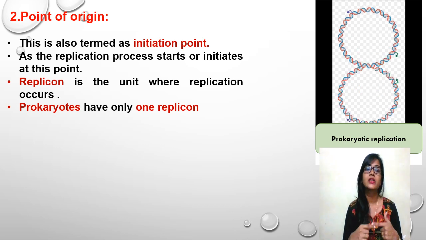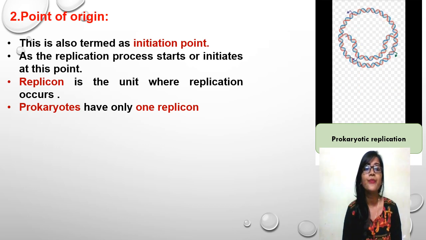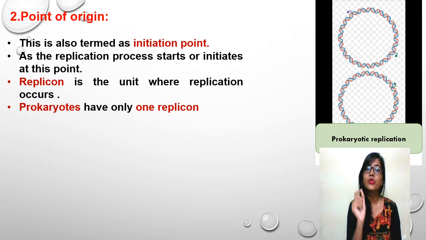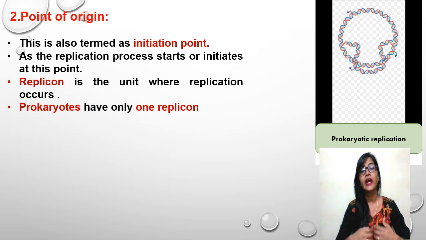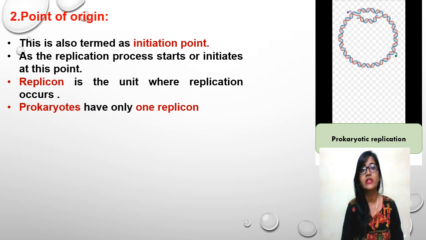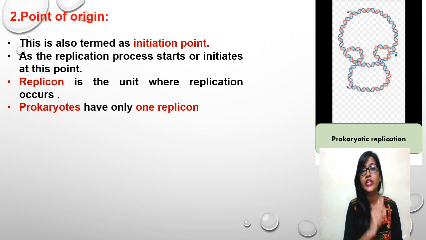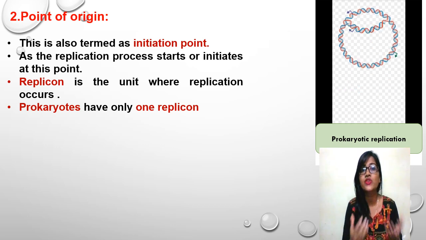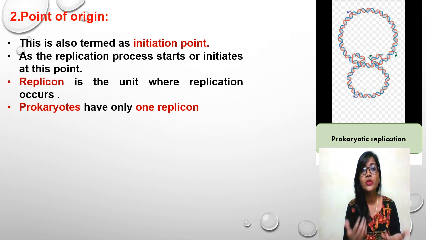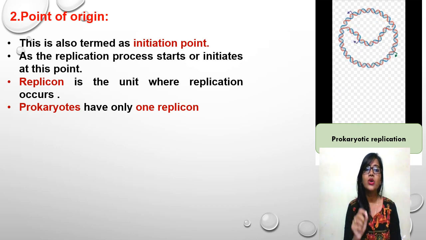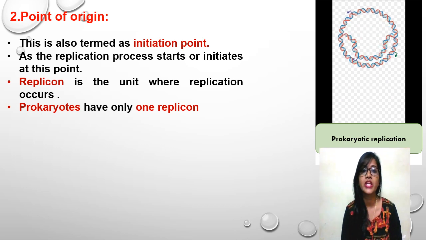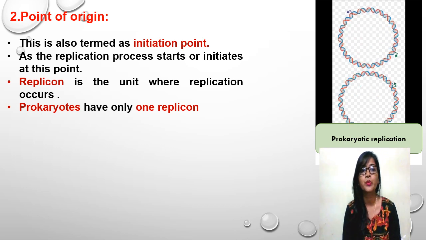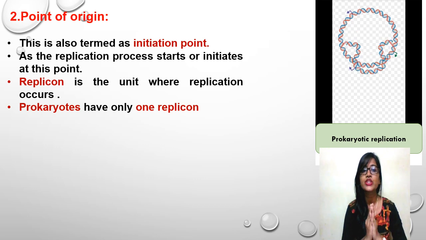On that double-stranded DNA, there is a special origin, a specific point. That point is termed the initiation point, from where the replication process actually begins. Initiate means to start, to begin. Such sites present on the DNA are called origin points, or initiation points.